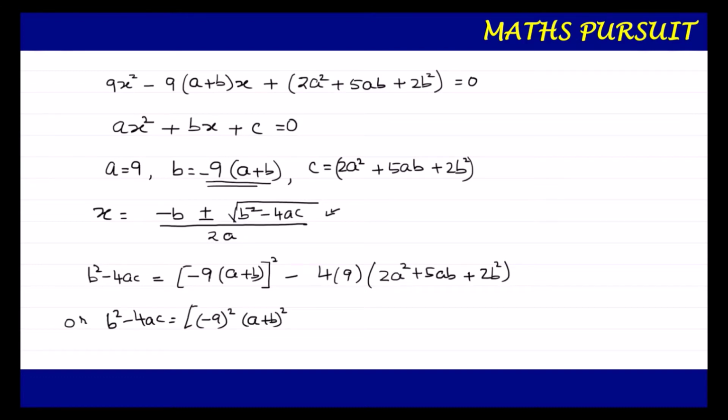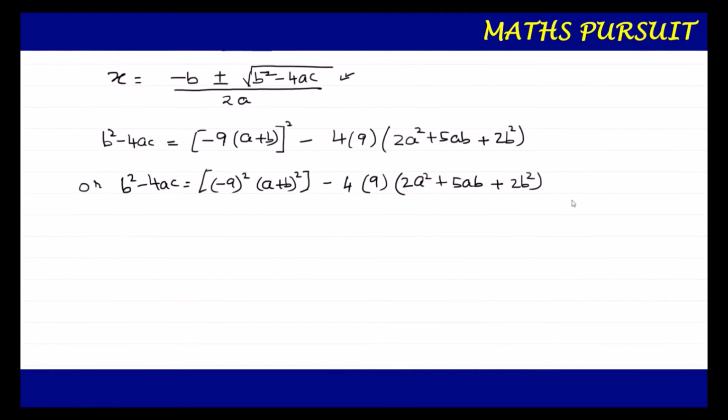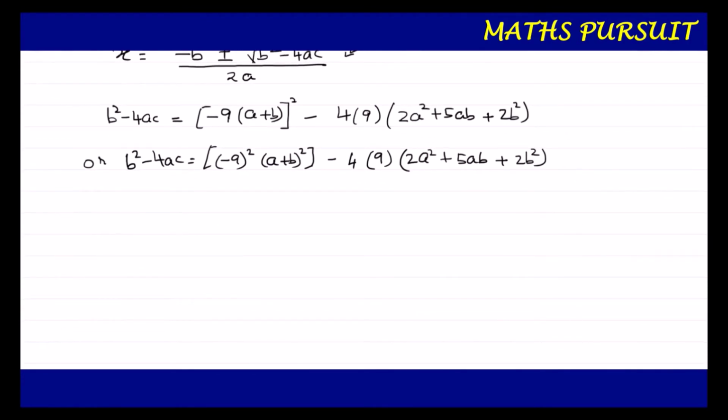Nothing will be wrong if I write it like that. Minus 4 into 9 into (2a^2 plus 5ab plus 2b^2). This is what we have now. Now we are solving this and trying to find the value of b^2 minus 4ac.